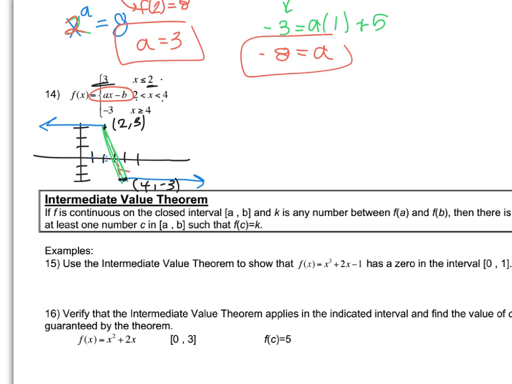From those 2 values, I can calculate the slope of that line. We know slope as the change in y over the change in x. So I'm going to start with this point, and my change in y will be negative 3 minus 3. So that would be negative 6. And the change in x is 4 minus 2, which is 2. So this gives me a slope of negative 3.